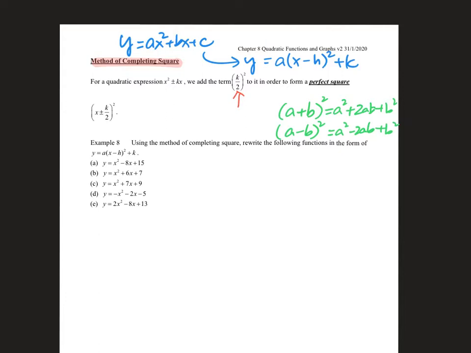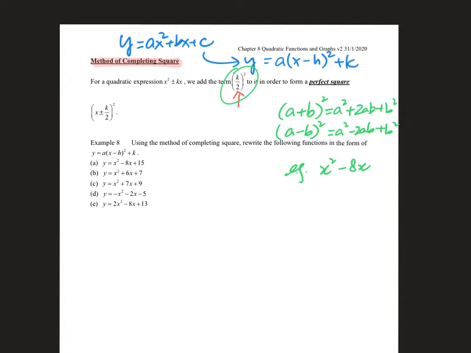Let's see what k over 2 bracket square actually means in making a perfect square. For example, if you have a function like x squared minus 8x.